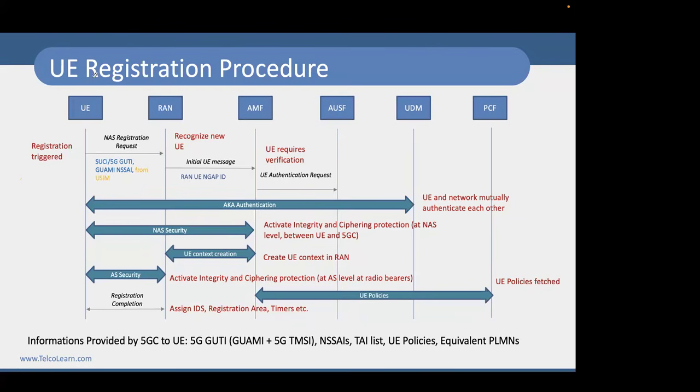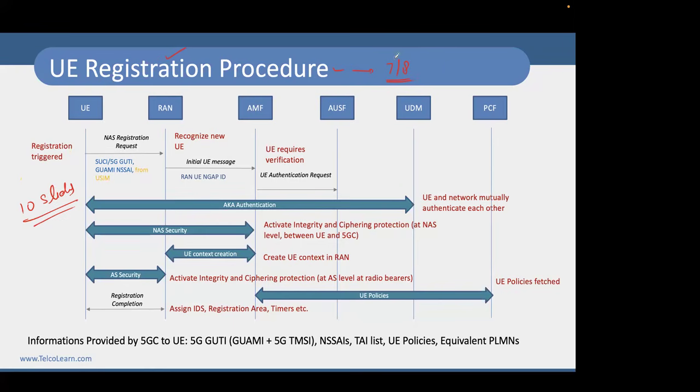Generally in our course, this one particular slide is extended into 10 different slides along with detailed log analysis. But just to give you an overview, even though registration looks like a simple, single procedure, it can be broken down into 7 or 8 different options depending on what identity is shared by the UE, whether it is going to the same AMF or a different AMF, whether the AMF knows the user or not, and whether the old AMF knows the user or not.